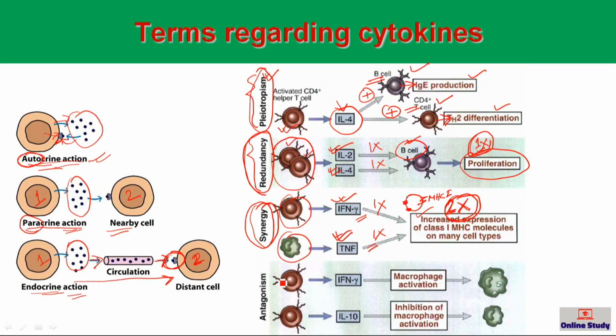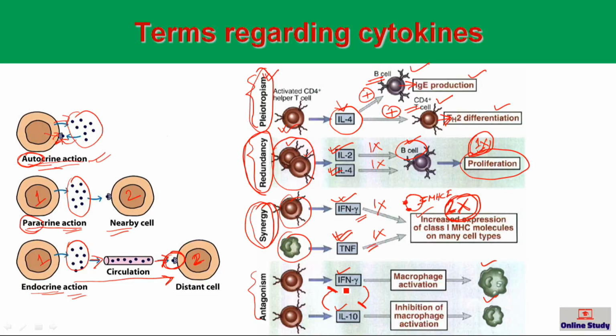Next is the antagonism. When two cytokines are produced from the same cell or different cells and they act on the same type of cell, but one cytokine inhibits the action of the other cytokine, then it is called antagonism.